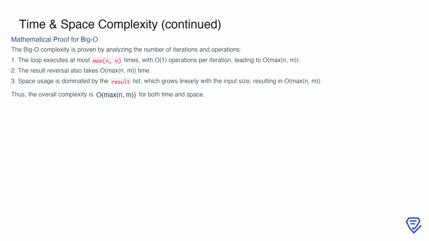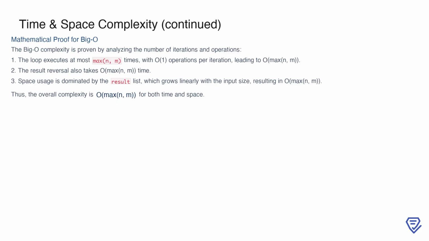The big O complexity of the add binary function can be mathematically proven by analyzing the operations involved. The loop, which processes the binary strings, executes at most max(n, m) times, and each iteration performs only constant time operations such as character access, addition, and list appending. This gives an iteration cost of O(max(n, m)).